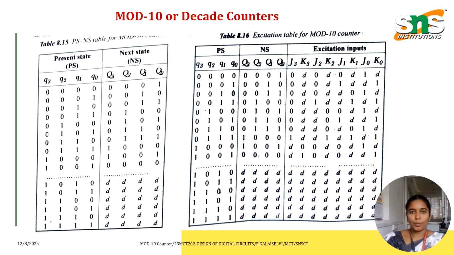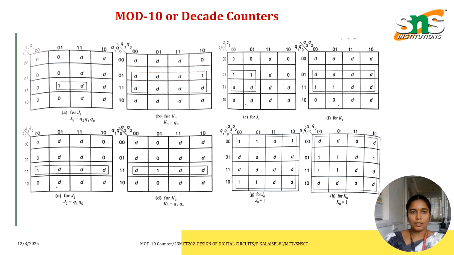This excitation map is given here, and these are the K-maps for the given values. We are using JK flip-flops here, for J1 K1, J2 K2, J3 K3 and J4 K4. So we are using 4 flip-flops.